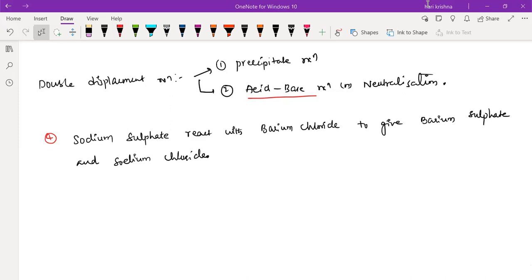Deepshika, your formulas are not correct. The sodium chloride and the barium chloride. Yes, sir, I am sending another. Bhumika, it is correct. Yeah, now it's correct.